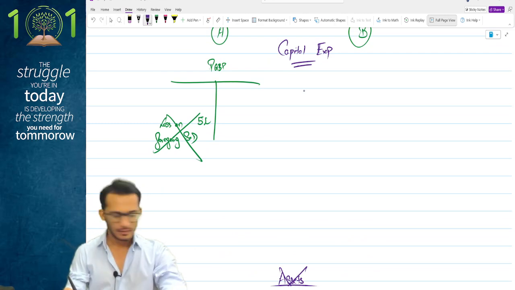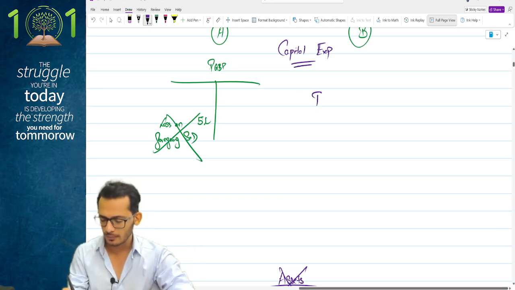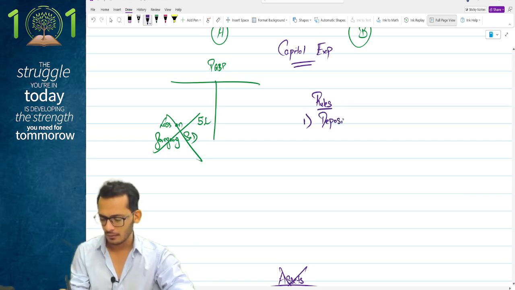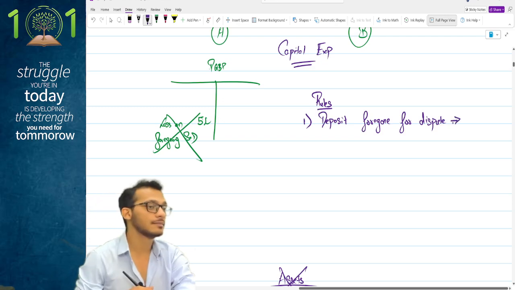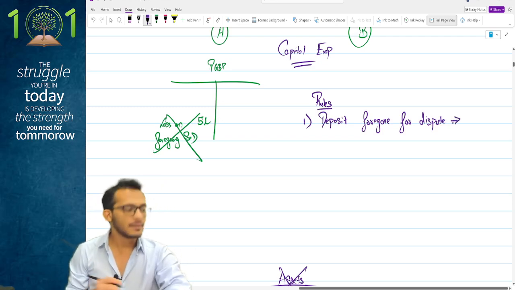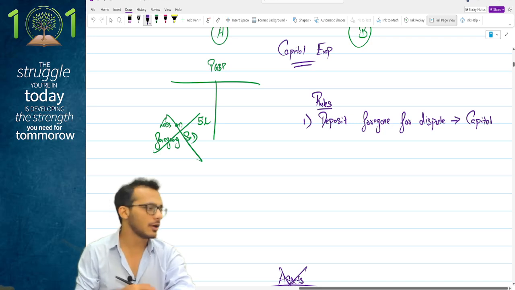You can stick it on page number 7, people. On page number 7, what are the rules? Deposit foregone for a dispute will be called capital.